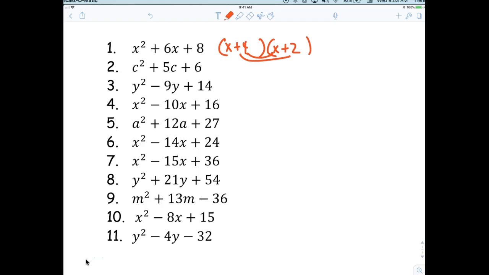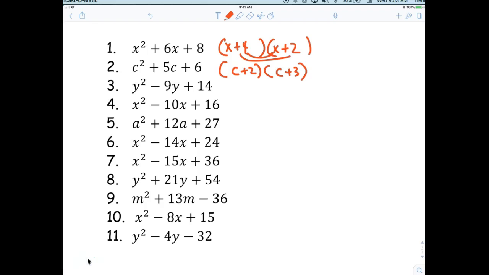All right, number 2 would be what? c plus 2, c plus 3. Number 3, y minus 7, y minus 2. Connor, you still good? Hayes, you still good?